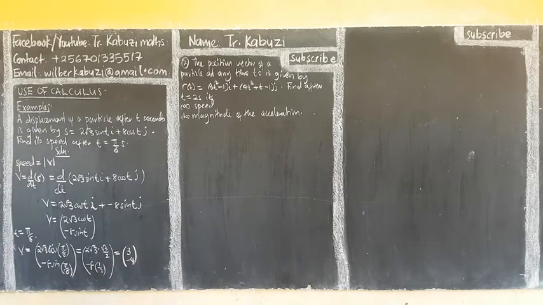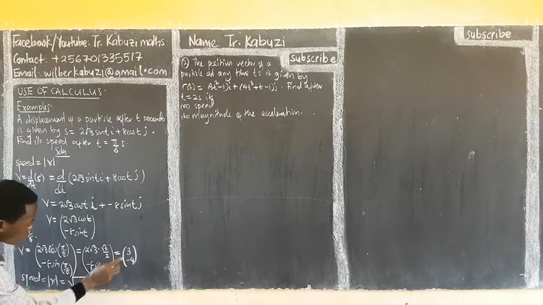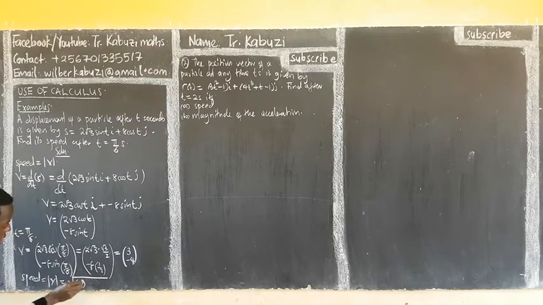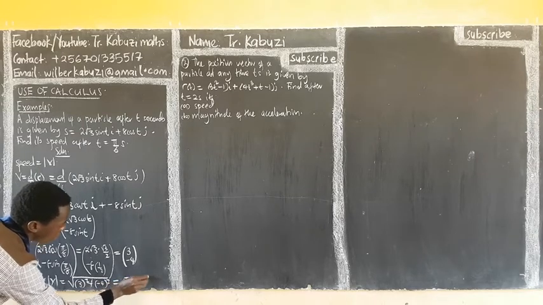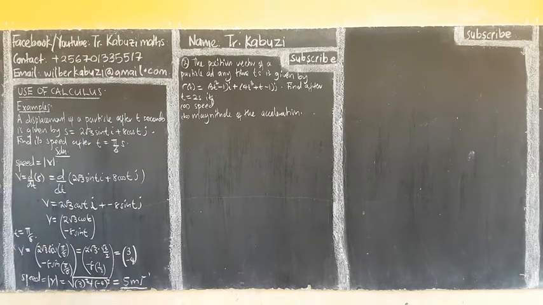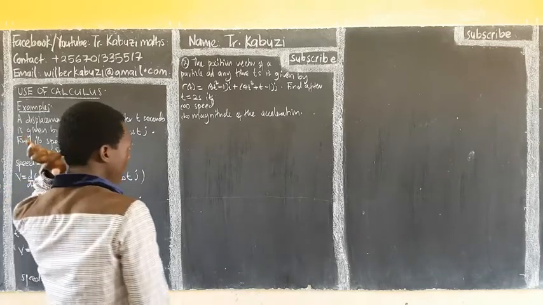If you want our speed, it will be the magnitude of v, which is the square root of 3 squared plus negative 4 squared, which is 5 meters per second. As simple as that.